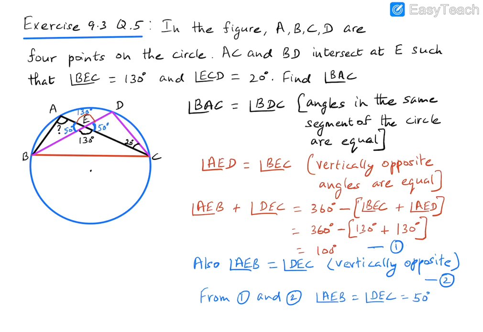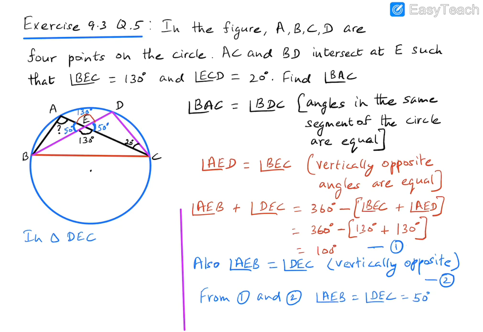Now we have enough information to calculate the angle BDC, which is this angle here, by looking at the triangle DEC. We have two of its angles and the third angle is the missing part. So we will use the angle sum property of the triangle. In triangle DEC, the sum of the angles should be 180 degrees.